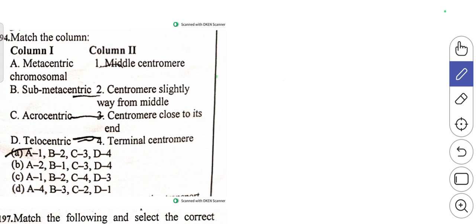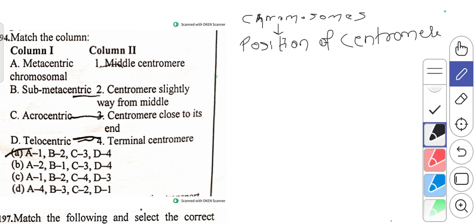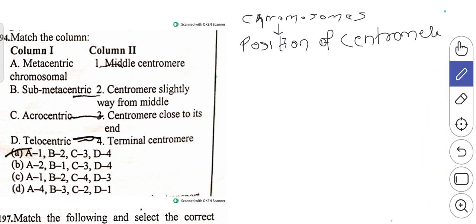As you all know, the chromosomes are classified based on the position of the centromere. Based on this position of the centromere, we have four different types of chromosome.